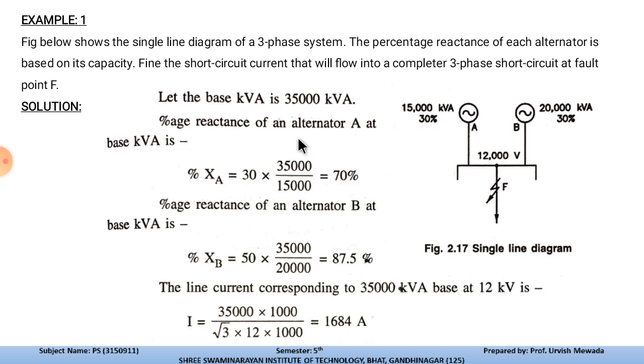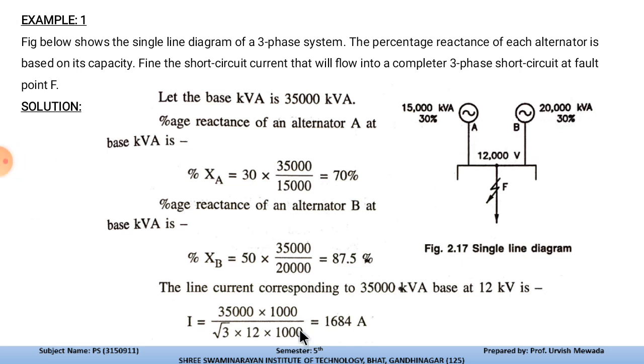Then the percentage reactance of alternator B: XB is equal to 50 multiplied by 35,000 divided by 20,000, that is 87.5%. In this diagram we have a printing mistake, that this is 50%.